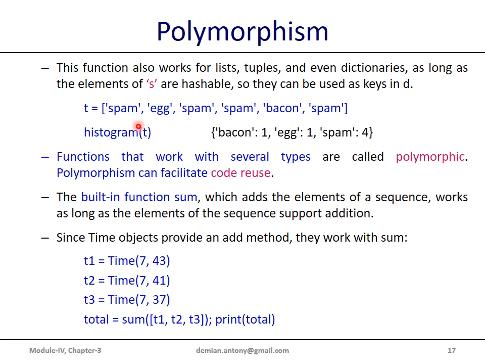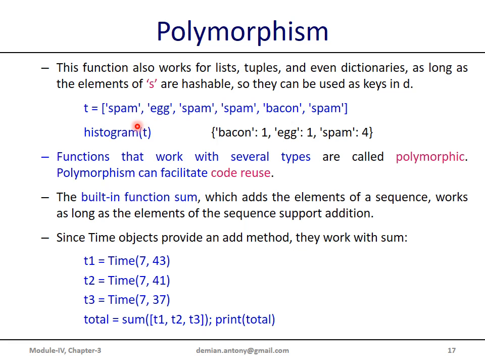So the functions that work on several types are called, in programming terminology, polymorphic functions. This is one type of function polymorphism, where a function works on different types.